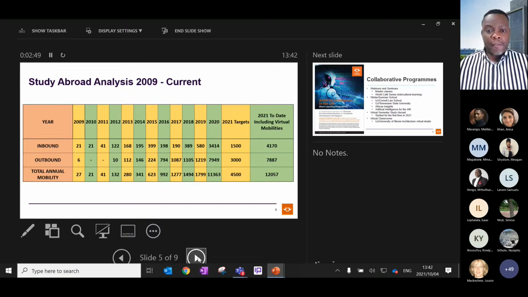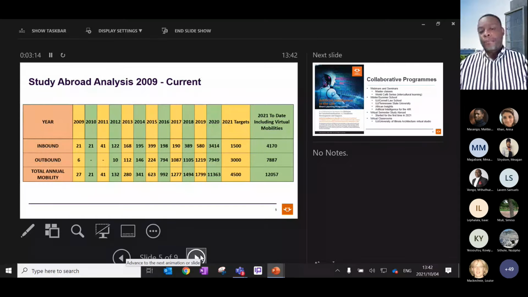We started including virtual mobilities in 2020, and hence a jump from 580 inbound to 3,414 inbound in 2020, and from 1,219 outbound to 7,949. And then, of course, the numbers that we have currently.